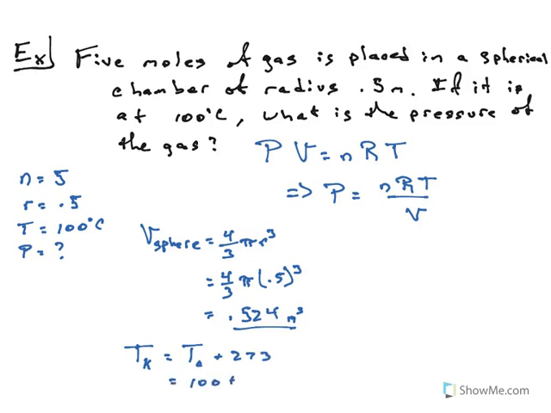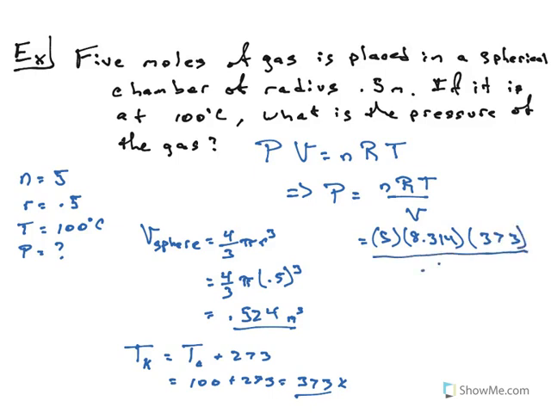So 100 plus 273 is 373 Kelvin. And now I have everything I need, so I can place it all in my equation. n is 5. R, remember, is 8.314. The temperature in Kelvin, 373. All divided by the volume, 0.524. And what do I get?